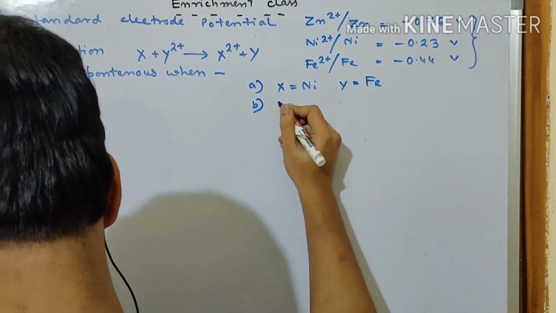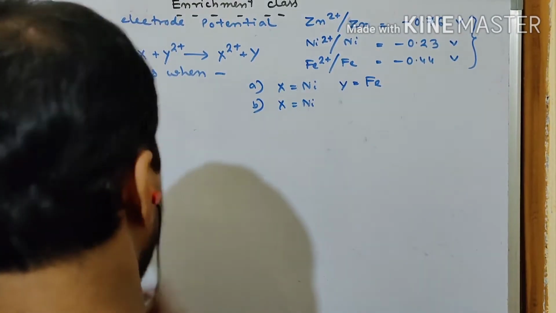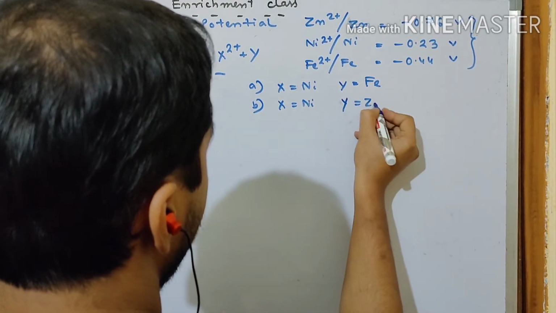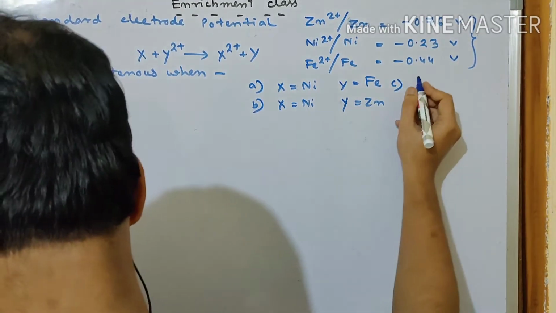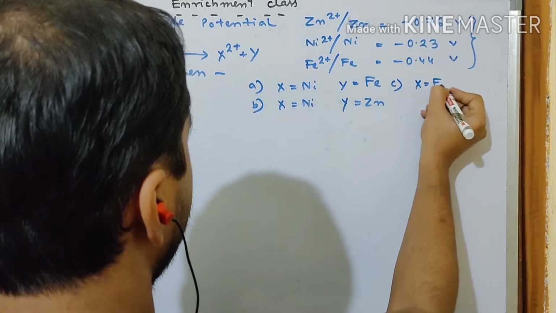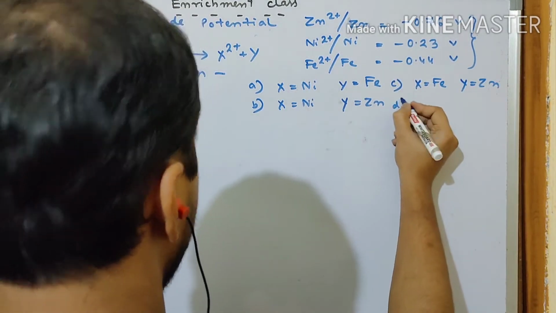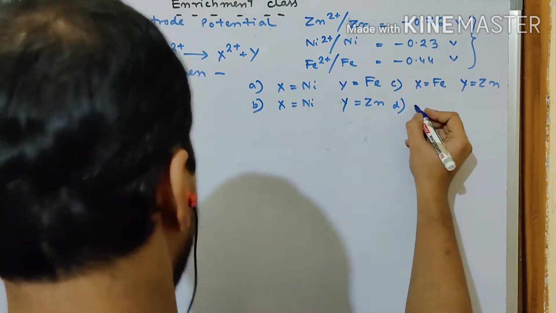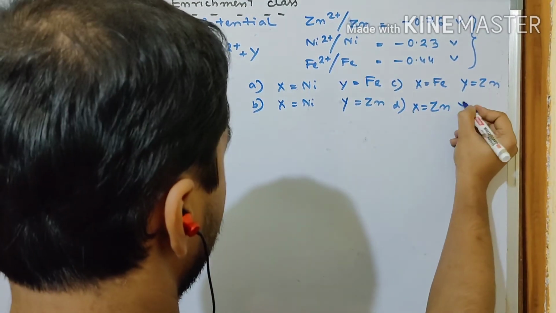Option B is X is equal to nickel, Y is equal to zinc. Option C is X is equal to iron, Y is equal to zinc. Option D is X is equal to zinc, Y is equal to nickel.